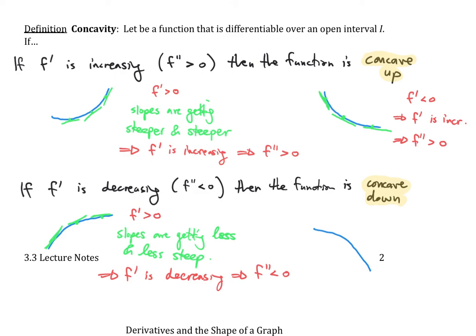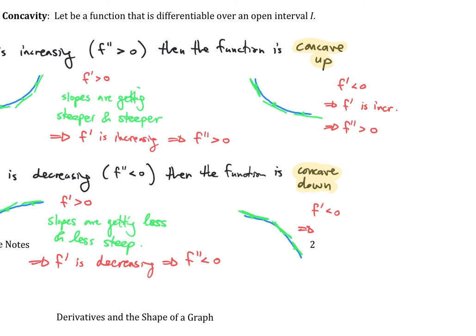If you look at this picture on the right, I have the same situation. I have a slope that's slightly downward sloping. The next slope over here, this is even more downward sloping. This next slope over here is even more downward sloping. So when I look at this situation, my first derivative this time is negative, but my f prime is decreasing, and this basically tells us that our f double prime is less than 0.